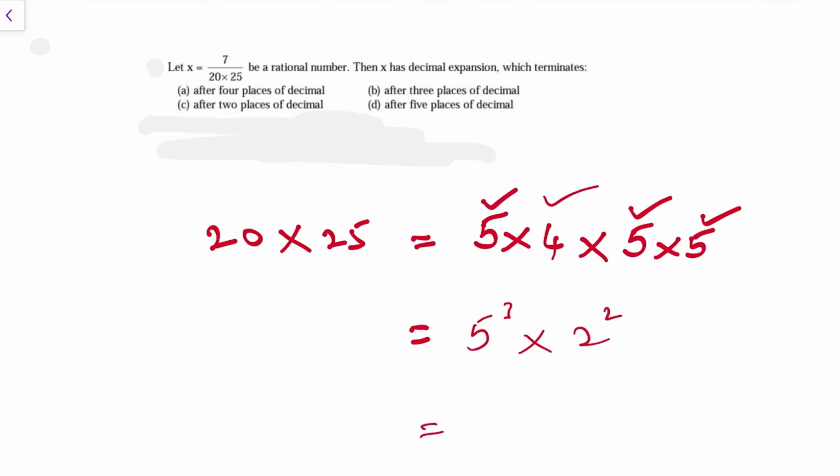As I already said in the previous questions, to find out after how many decimal places it will terminate, we need to check for the base. Which base has the biggest power? Here for 5 the power is 3, whereas for 2 the power is 2 only. So 3 is the biggest number, then it will terminate after 3 decimal places. So after 3 places of decimal, option B is the correct option.